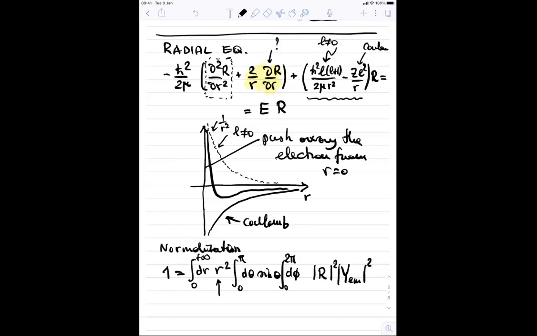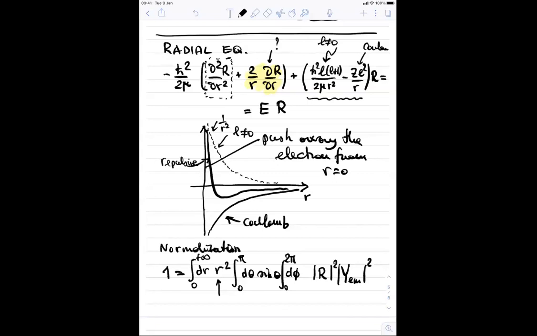So the Coulomb attraction would like to pull the electron towards the nucleus, but this L different from 0 term actually pushes it away, because there is a repulsive part. This object is repulsive. You go towards the origin and the potential increases. Therefore, it's like a wall. Is it clear?